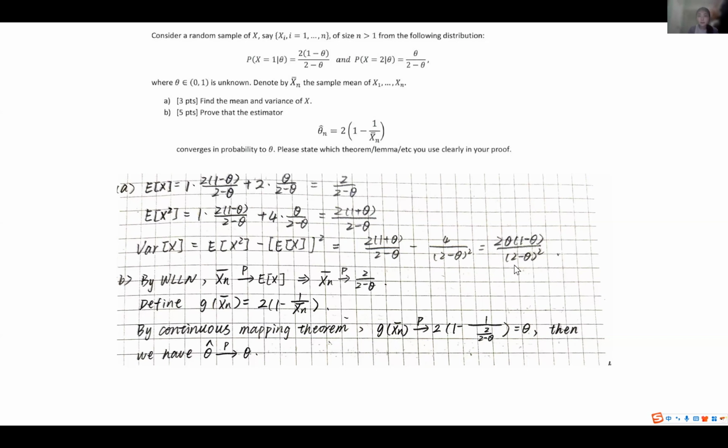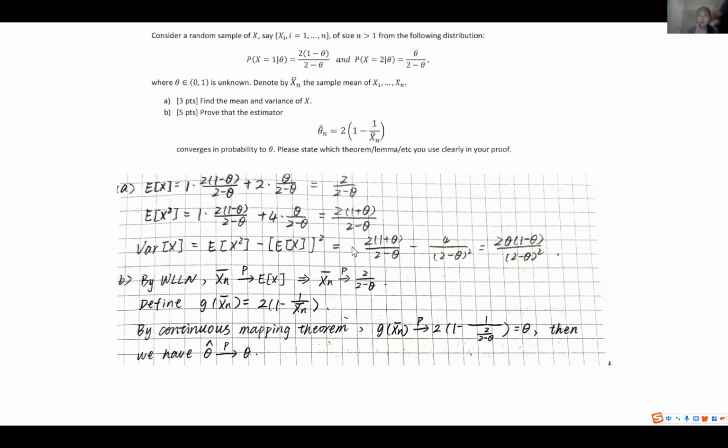Okay, and for problem B, from the weak law of large numbers, we know that Xn bar will approach E[X], which equals this.